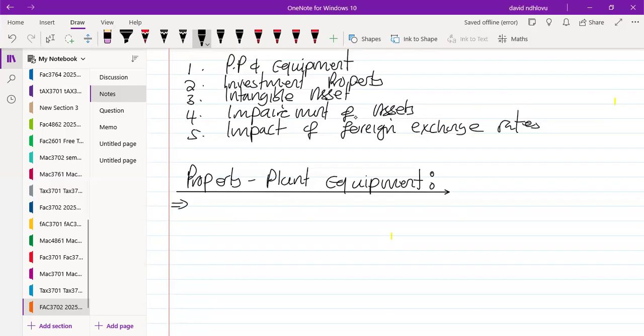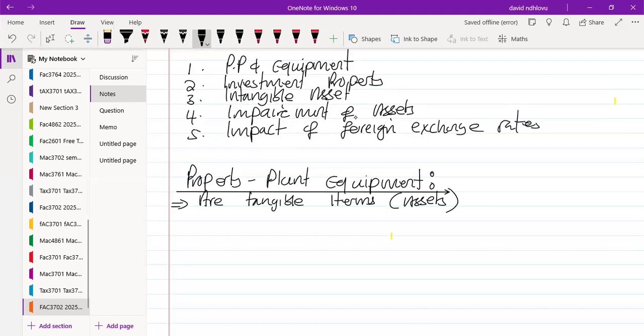So basically, when we talk about property, plant, and equipment, these are tangible items. If you want, you can say assets.